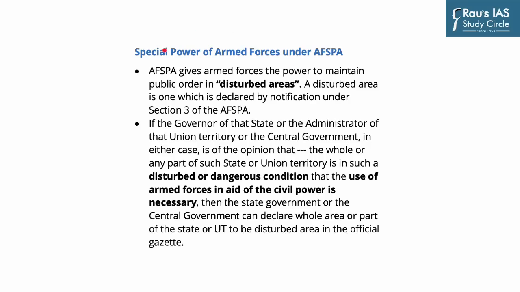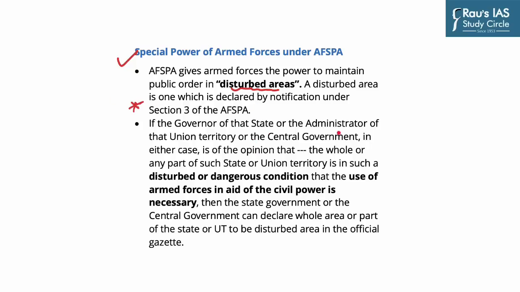So, what are the special powers of armed forces under AFSPA? AFSPA gives armed forces the power to maintain public order in disturbed areas, and a disturbed area is one which is declared by notification under section 3 of the AFSPA.